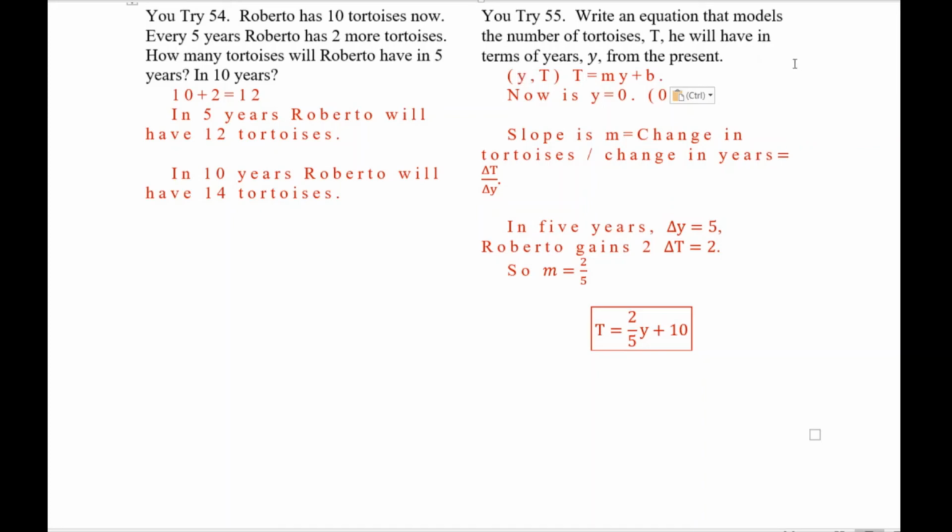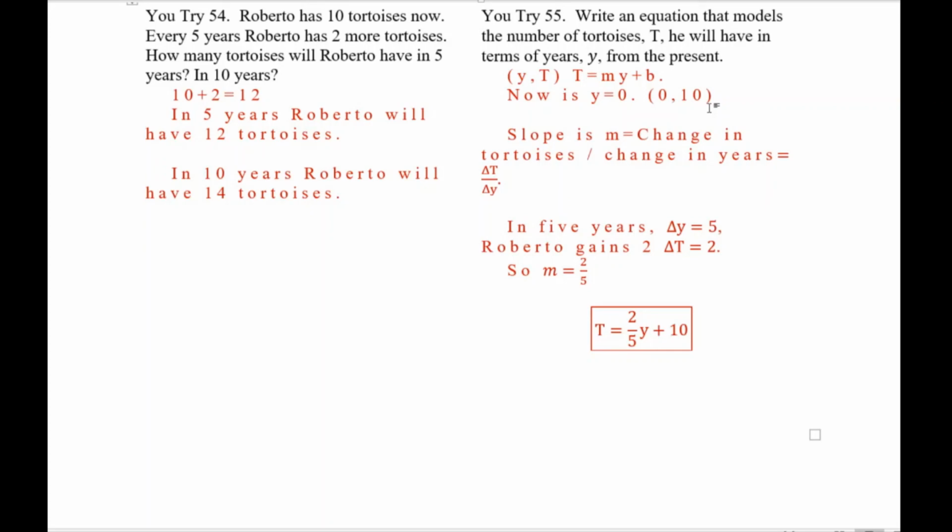Also the fact that it says, write an equation that models the number of tortoises T he will have in terms of years. So that means that T should be solved for, and years should be somewhere on the other side of the equation. Also indicates that capital T should be the second coordinate. Hopefully we'll find an equation that relates T equals my plus b.